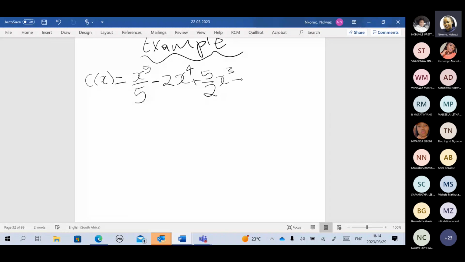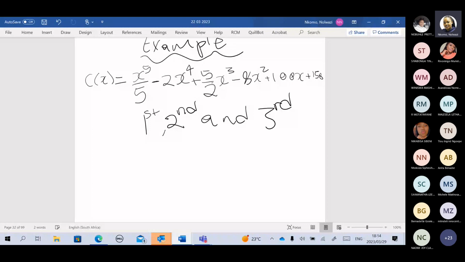Suppose we are asked to find the first, second, and the third derivative for this function. Meaning we are asked to find c prime, c prime prime, and c triple prime.